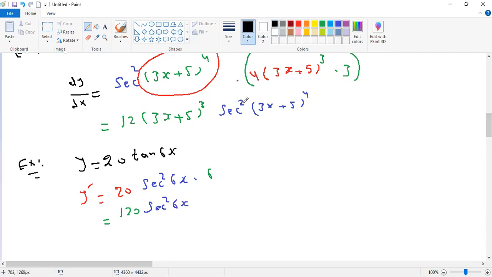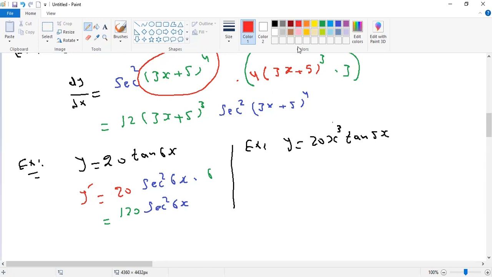But see, students, if I do not have 20, for example if I say y equal to 20x cubed multiplied by tan 5x, how do we find the derivative?